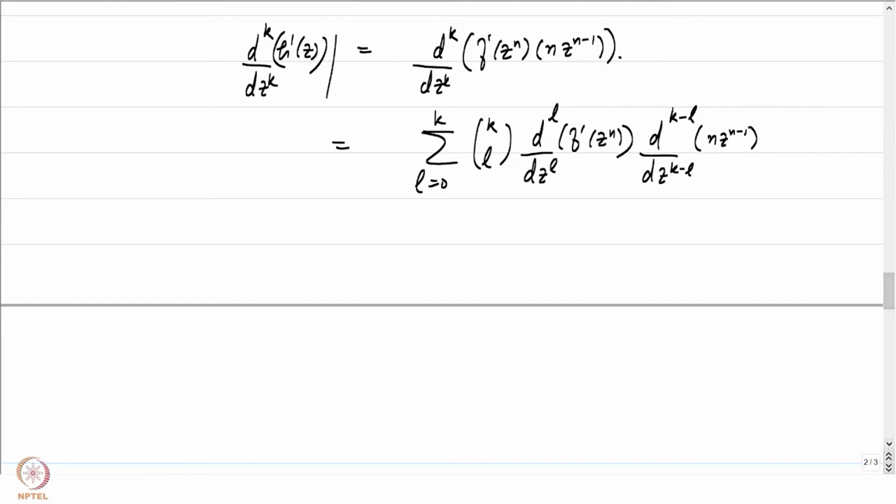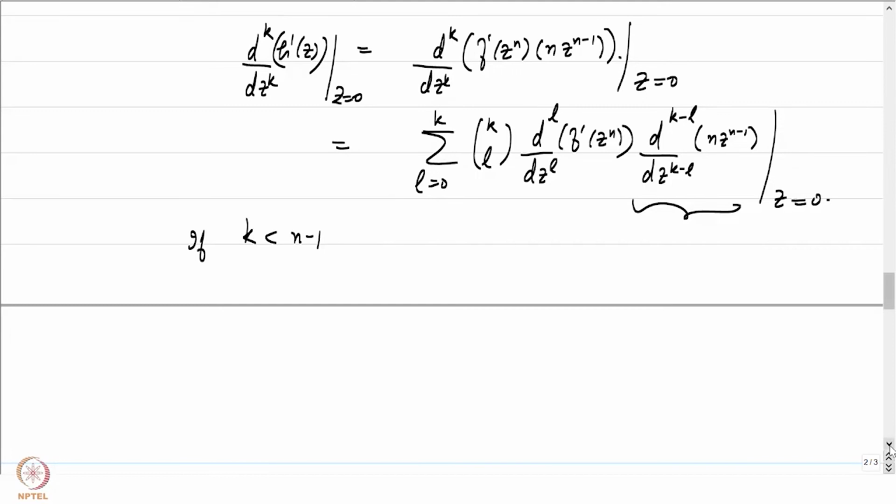If you are evaluating at z equal to 0, what do we have? At z equal to 0, this is all evaluated at 0, and for k less than n minus 1, notice that the term here will have a z featuring in it, and when evaluated at 0, this is going to be equal to 0.